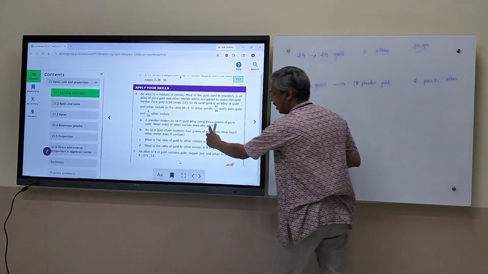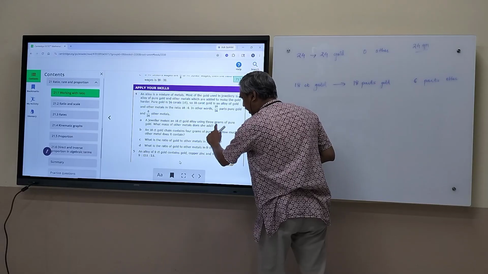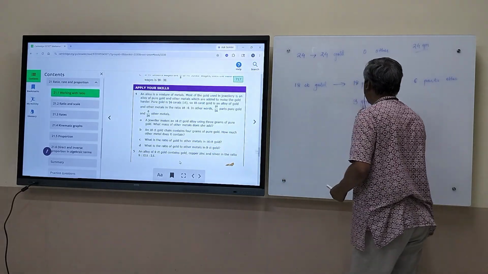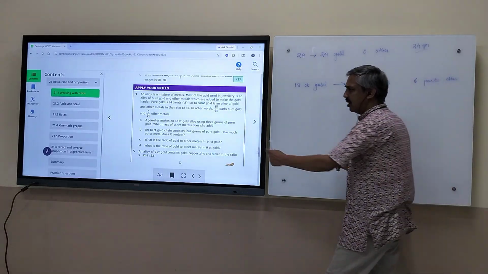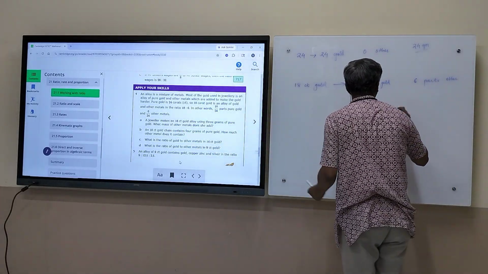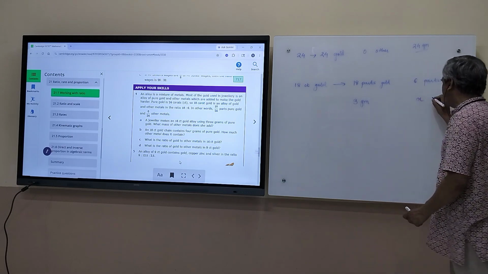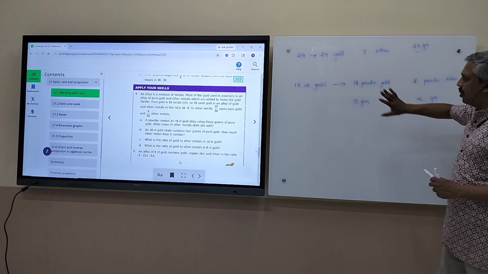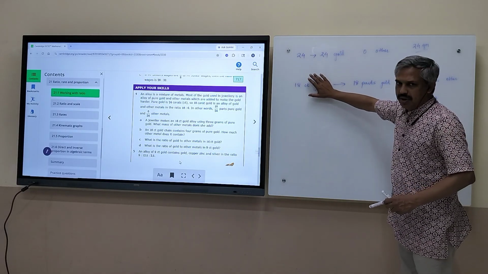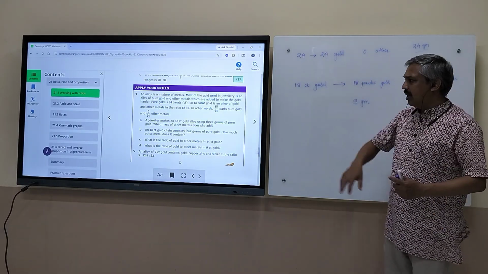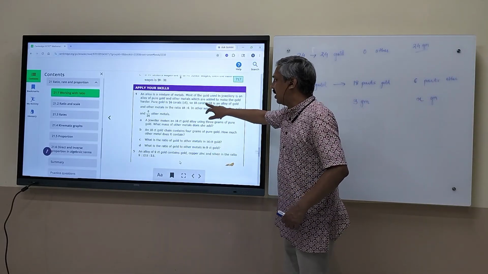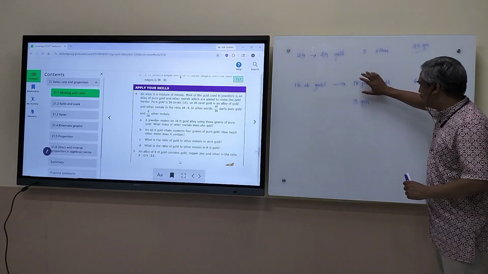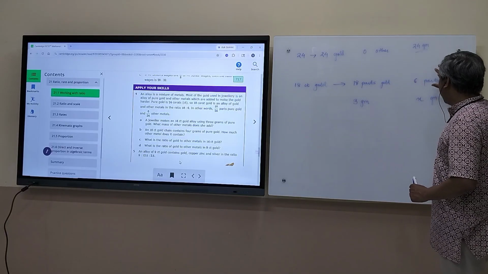So what you do is 3 grams of gold. What is the mass of other metal? I call this mass x gram. In 18 karat gold, it is already known that the ratio is 18:6, that is 18 parts of gold, 6 parts of other metal.